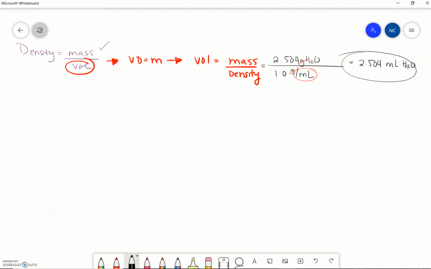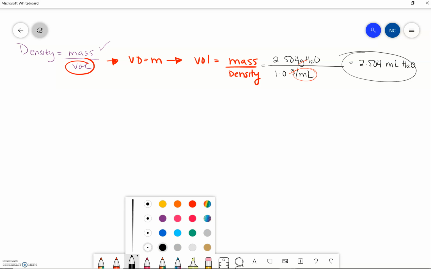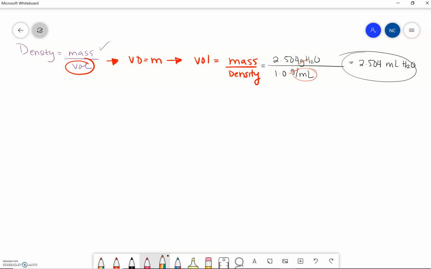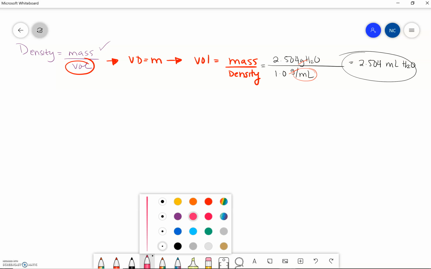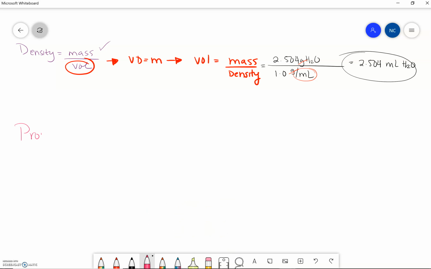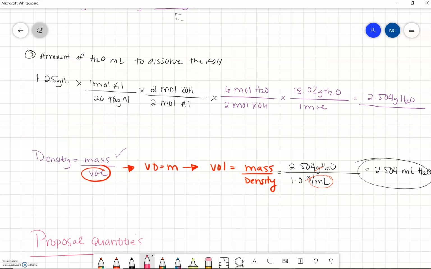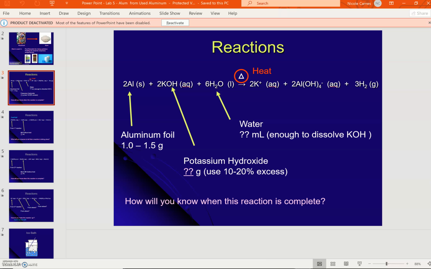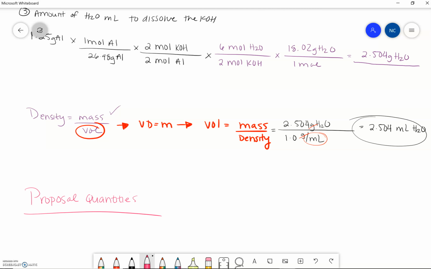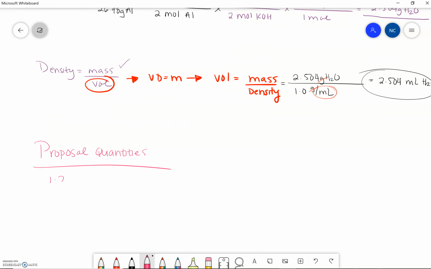So far in your proposal, you should have the following quantities. You should have the amount of aluminum foil, which is given, 1.25 grams of aluminum foil that you will be using.